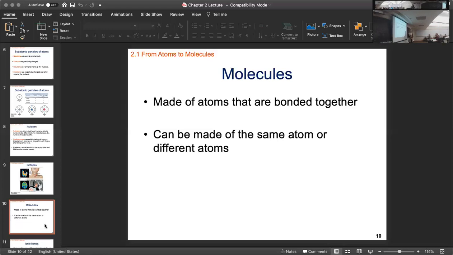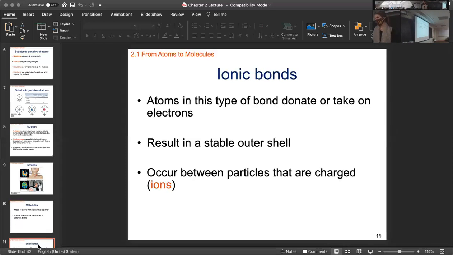Okay, those are considered molecules. So we have an atom. We have those atoms that make up elements. And those elements make up molecules. Okay, we're getting bigger and bigger here.